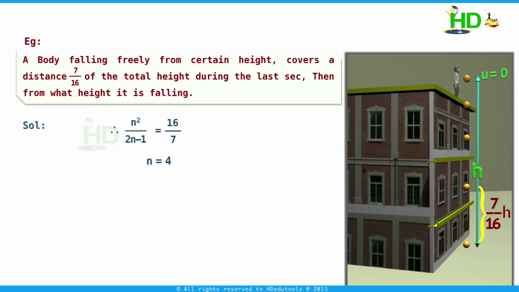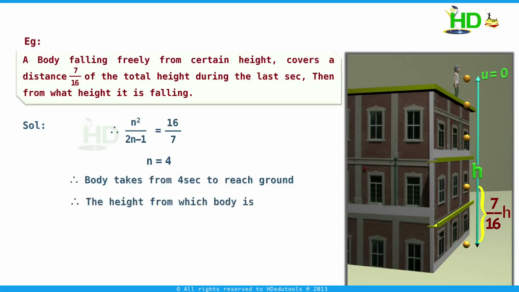That means the body falls for 4 seconds. Therefore, the height from which it is falling is S is equal to half g t square. Here t is 4 seconds. S is equal to 1 by 2 into 9.8 into 4 square. This is equal to 78.4 meters. Therefore, the body is falling freely from a height of 78.4 meters.